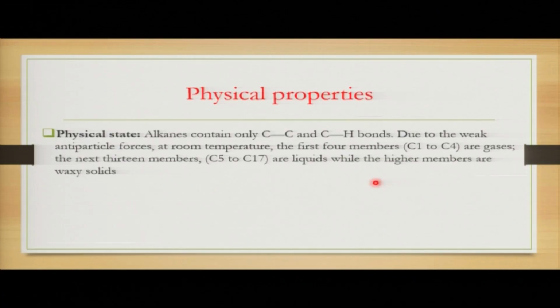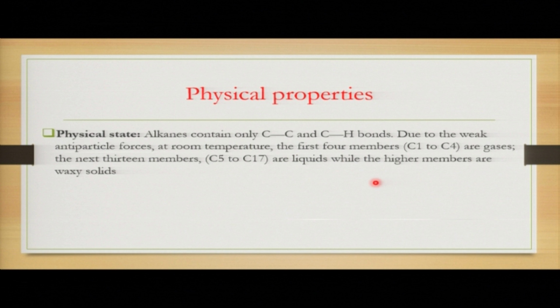So the first 4 members, that is very important. The first 4 members, from n equal to 1 to n equal to 4, are gases. So what are those members? Do you still remember those compounds? Because we said from carbon number 1 to carbon number 4. We said these ones exist as gases.